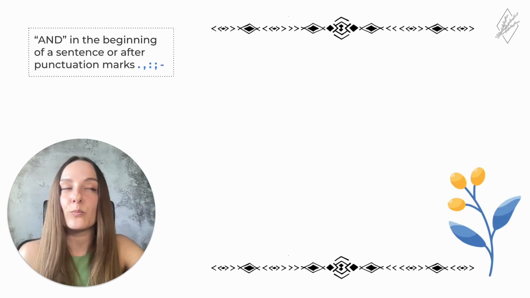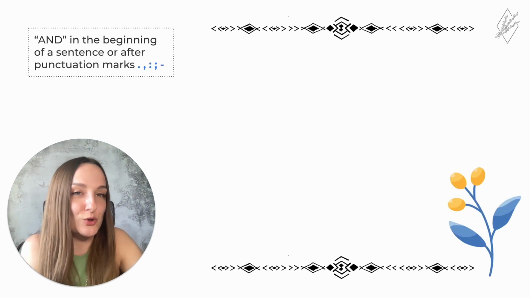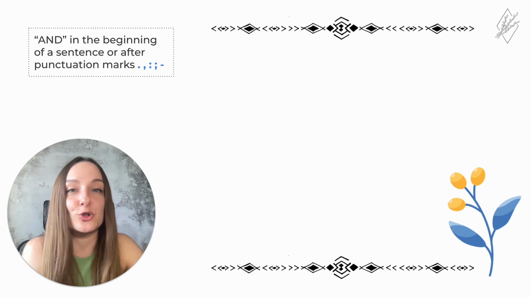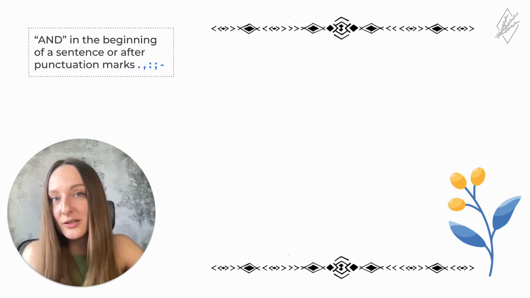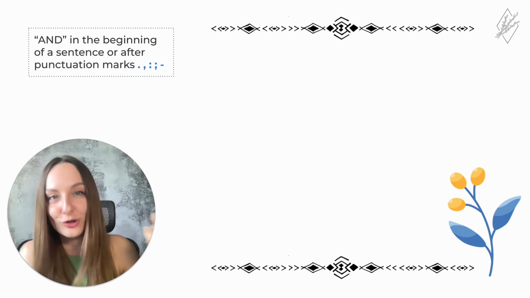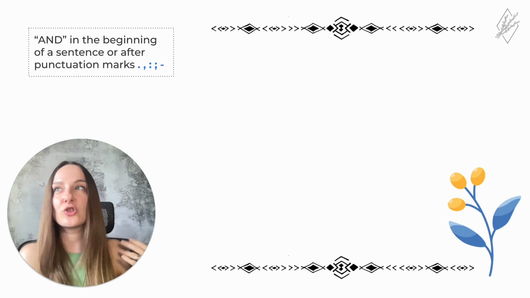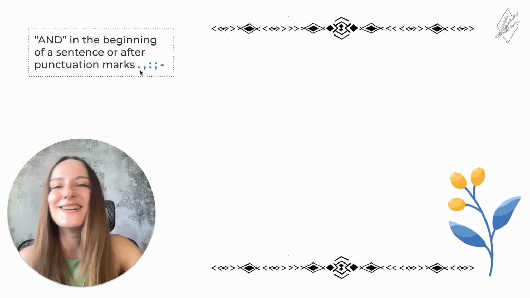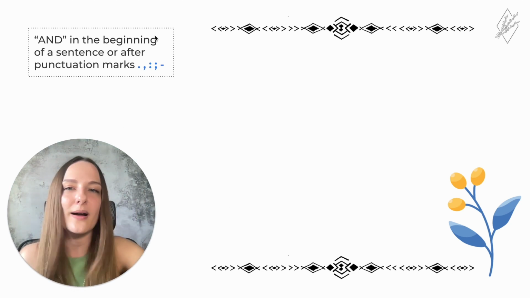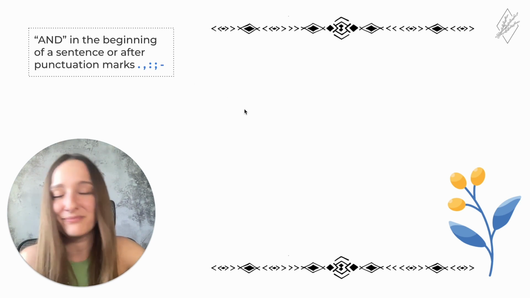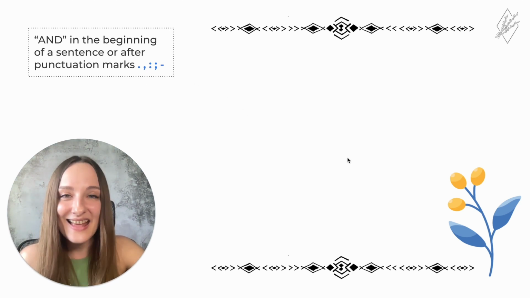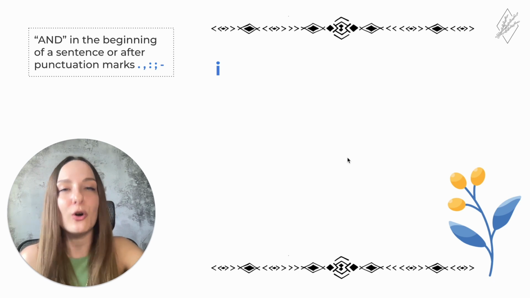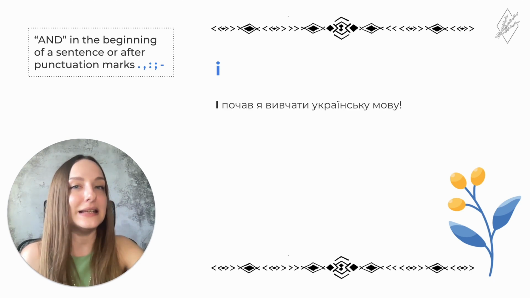Okay, but sometimes we have other situations when your sentence begins with conjunction and, or when you use conjunction and after some pause. For example, after some punctuation marks, like full stop, comma, or these 3, you know, then we use only conjunction і.